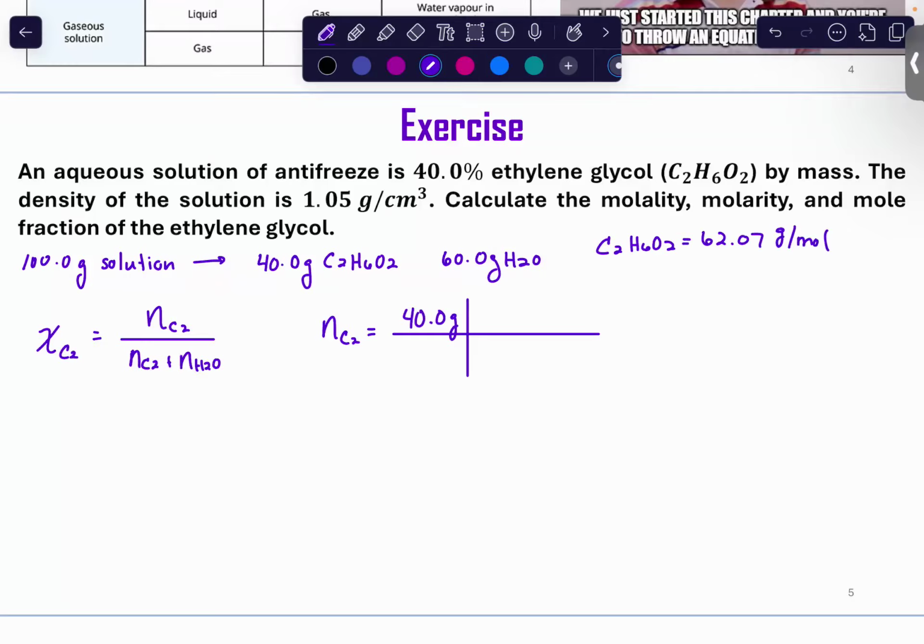Now, how does that go into the equation there? Divide it, because I want to divide out the unit of grams. This is going to give me 0.644 moles of ethylene glycol. And then, of course, our moles of water.